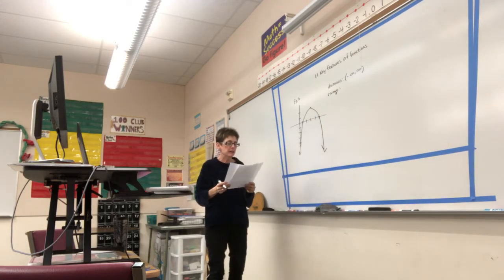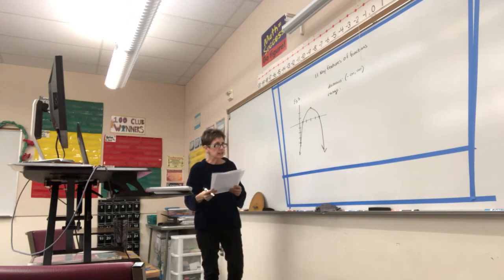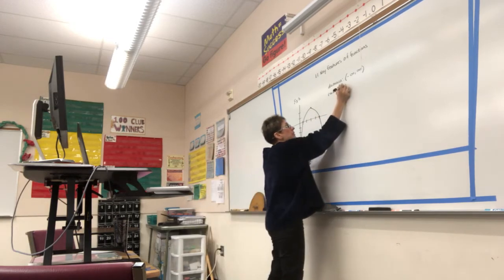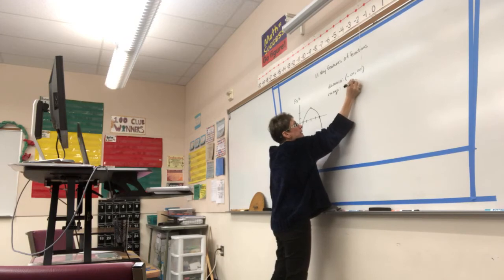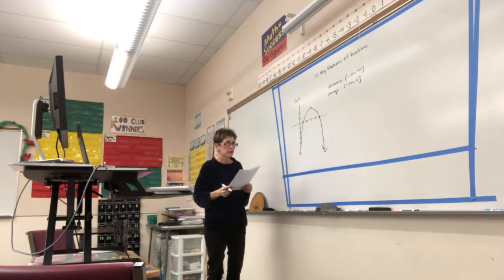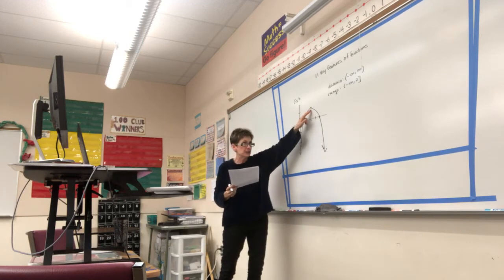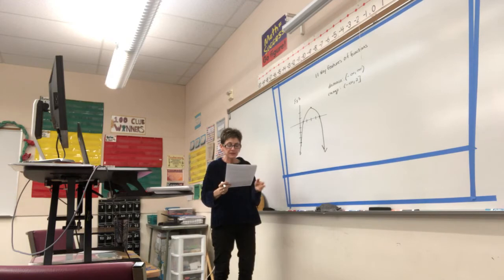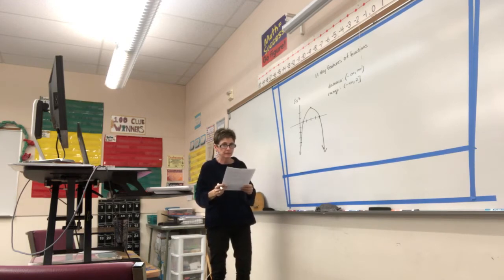How would I write that using interval notation? The biggest value that y can be is 2, and it can be anything below that. So the range is going to be from -infinity to 2. Notice we have a square bracket on the 2 because we're including 2. Y can actually equal 2, but we use a curved bracket or parentheses on the -infinity.